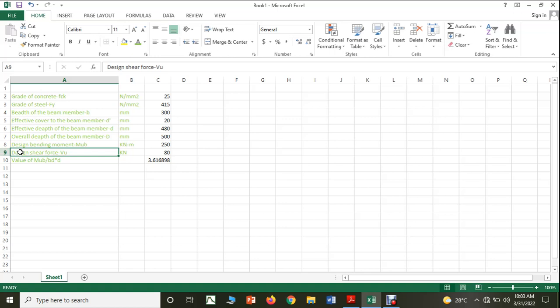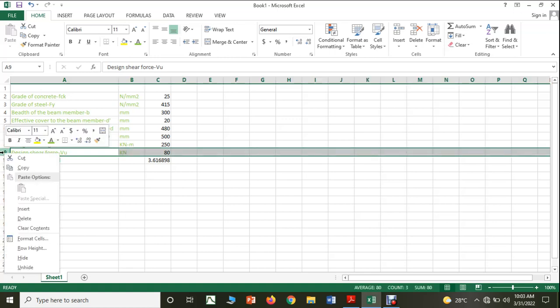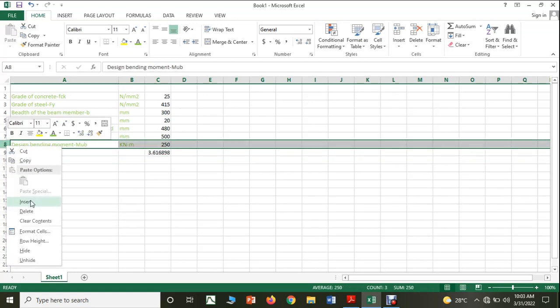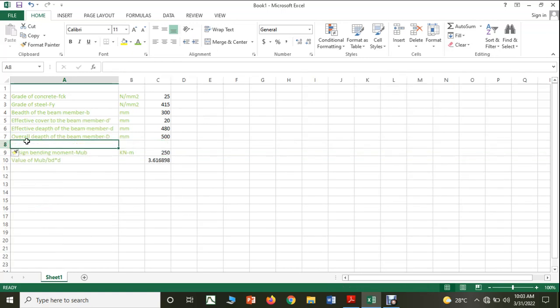We will do one thing, we will just delete this column, we will delete the shear force. Let us insert one column here. I'll give the design shear force for the beam, which will be taken as Vu.